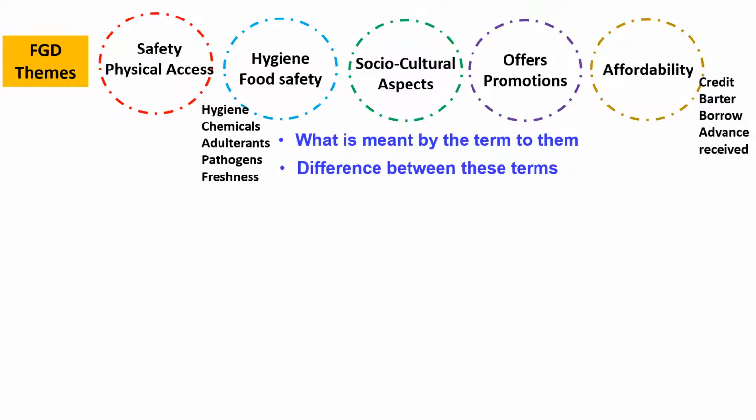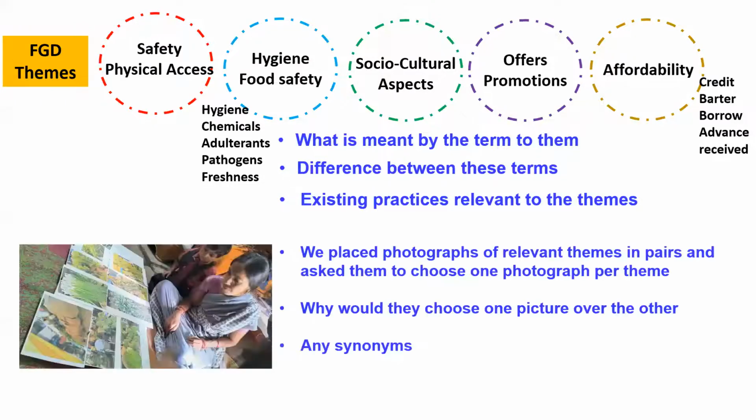And for this purpose, we did a market survey and collected a few photos. And we asked them what the difference is between these terms. Are they similar or are they different? We asked them to define them. Then, what are the existing practices specific to the themes? And after we took the photographs from the market survey, we placed the photographs relevant to the themes in pairs and asked them to choose one photograph per theme.